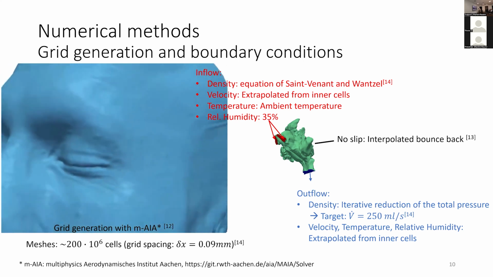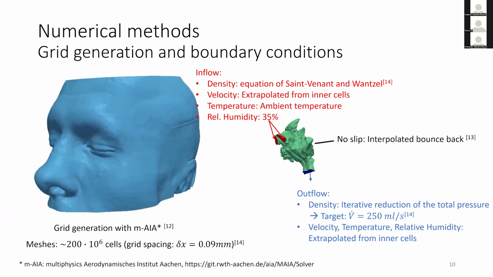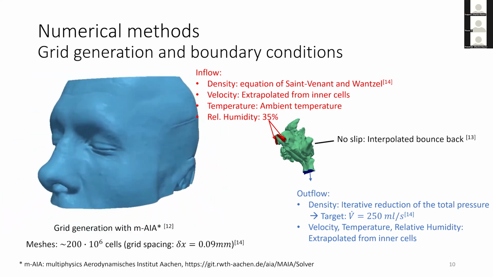At the inflow, we have this well-known equation of Saint-Venant and Wantzel. The velocities are extrapolated from the inner cells, with ambient temperature and relative humidity of 35%. I don't know exactly where this value comes from, but it must be from a reference in the literature, which Shota knows. Then at the outflow, we reduce the pressure iteratively at the pharynx until a predefined volume flow rate is reached.